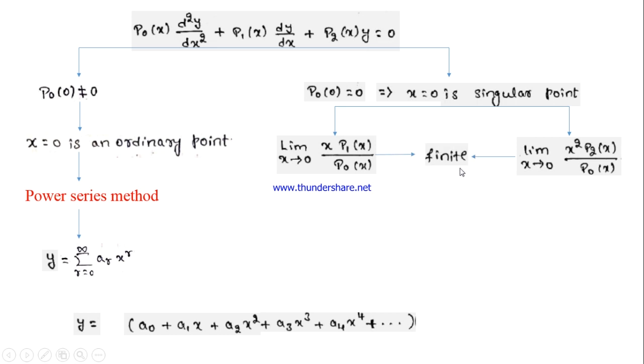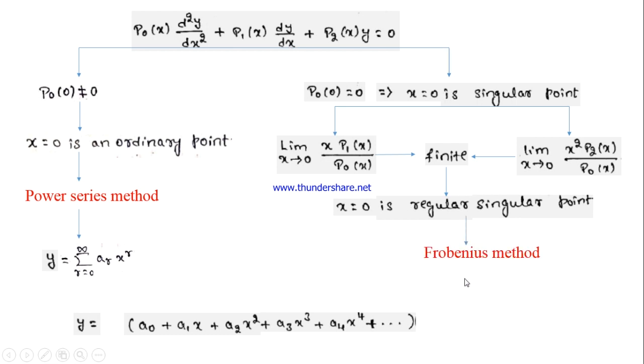If these two quantities are finite, then x equal to 0 is a regular singular point. If x equal to 0 is a regular singular point, we can find the solution of this differential equation, and the method is called the Frobenius method.